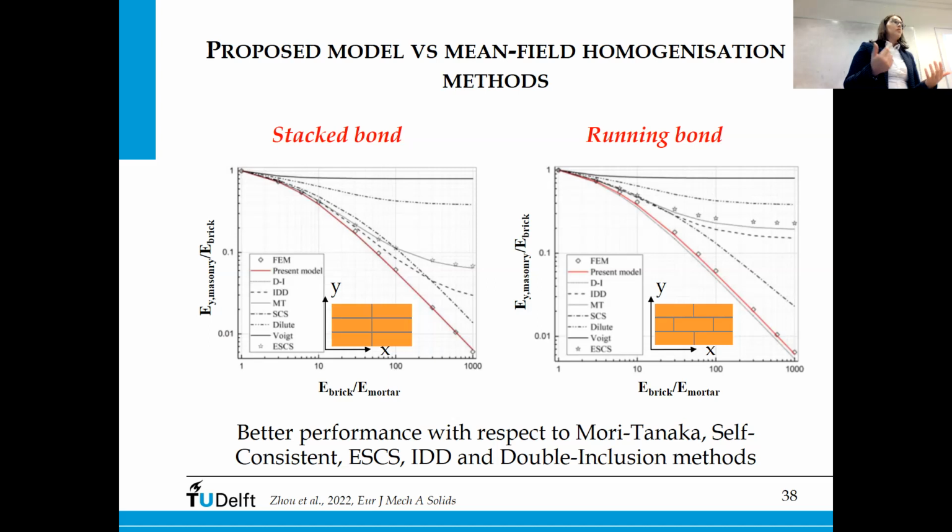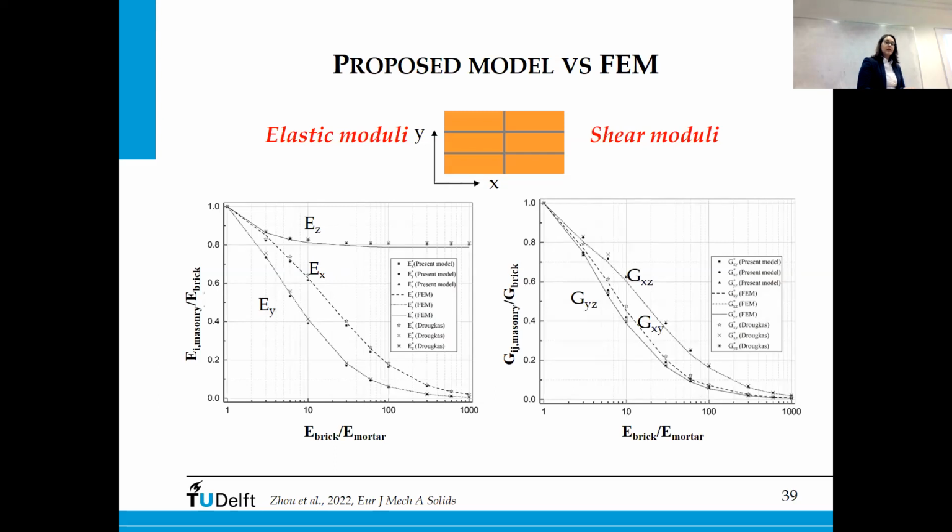But of course, we don't want to have only one elastic constant. We want to be able to also reproduce the orthotropic behavior of masonry. And here you can see the comparison for all the six elastic constants, where our model is in the black dots, and the continuous lines are finite element simulation.